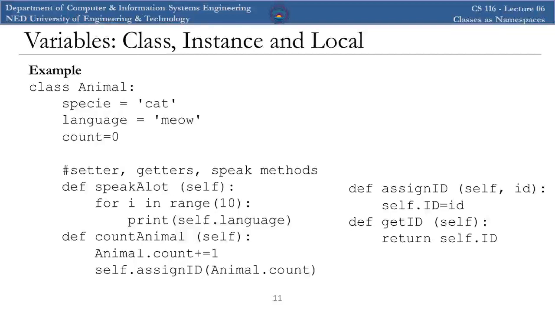So this animal count will be mapped to that small id over there in the assign id method, right? I'll show you the working also. Just wait a little. And then this is the previous line, return animal.count. So I've just added one more line in this method count animal. Whatever count it comes to when this method is called, that count is assigned as id to a particular animal, right?